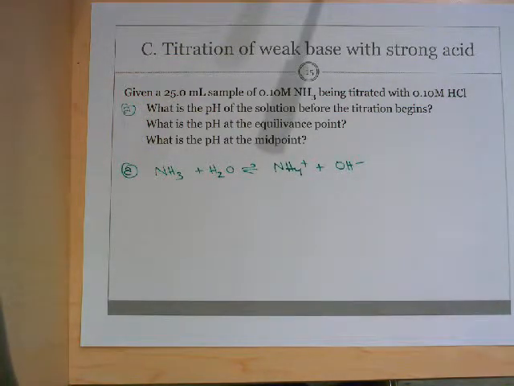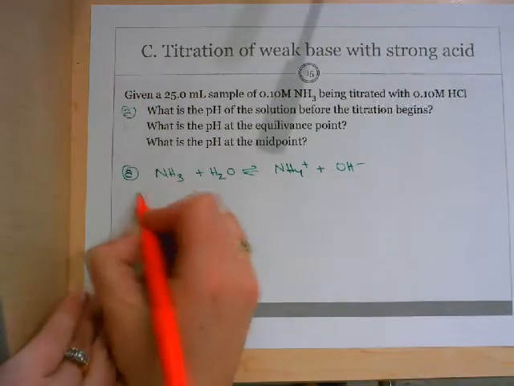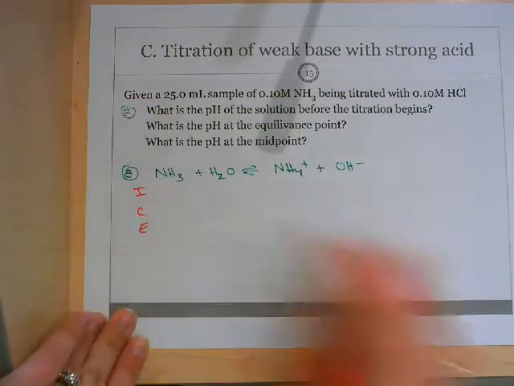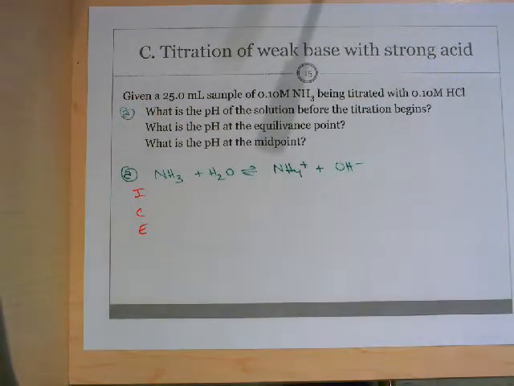If I only have NH3, what sort of chart do I need to make? Just a boring ICE chart. It is not a buffer because it's only one reactant in my flask. So just a plain ICE chart. What units are plain ICE charts done in? Molarity. Okay.